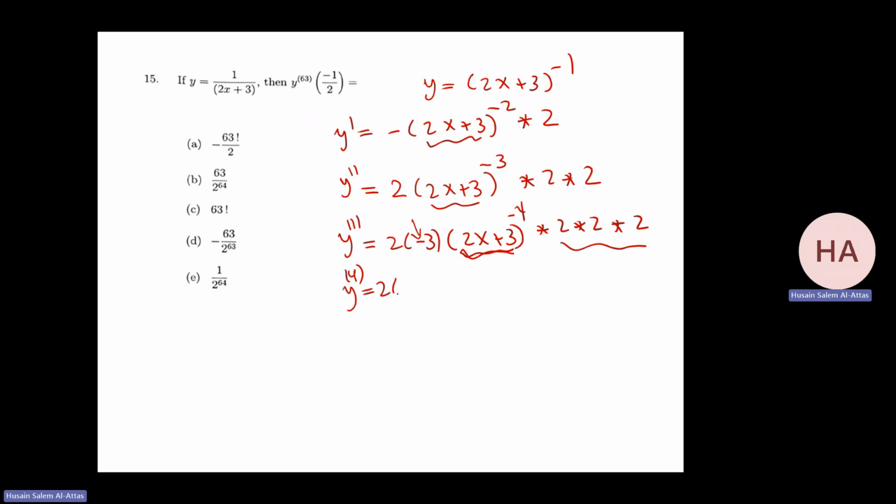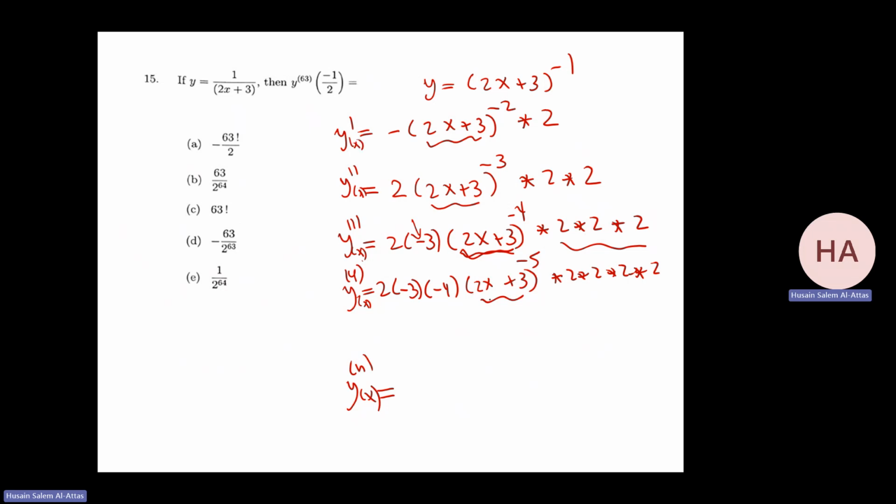That will be 2 times minus 3 times minus 4, 2x plus 3 to the power minus 5. The number will continue because it's just a number. Derivative of this, times 2. Okay, now if you want to think about the n-th derivative, that will be what? I need that x.